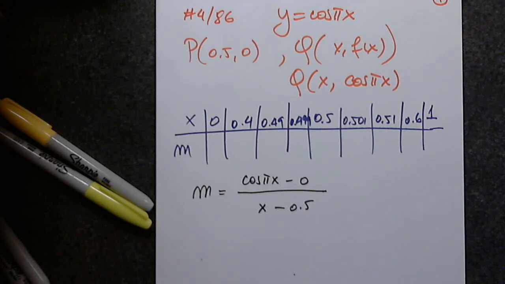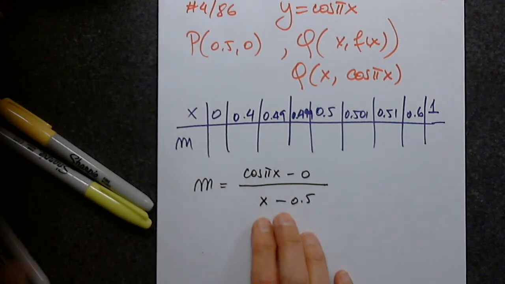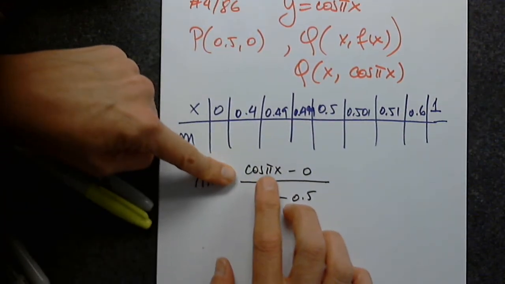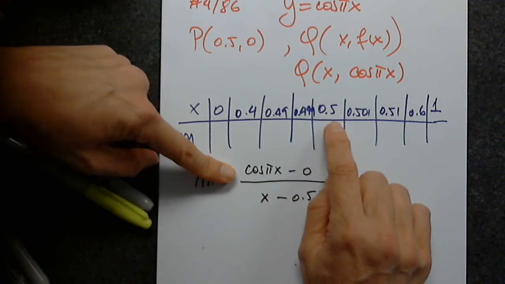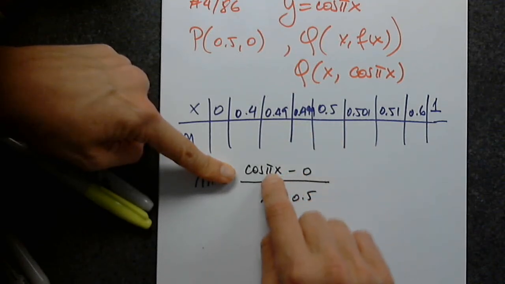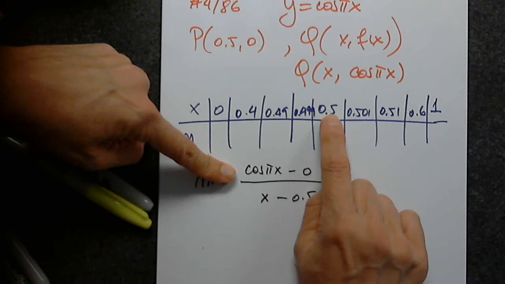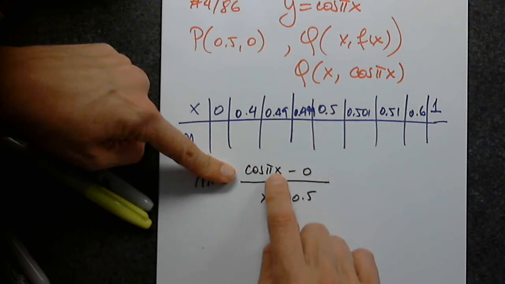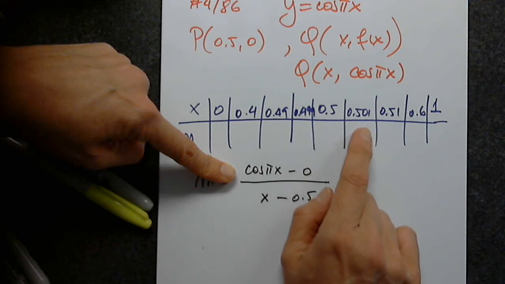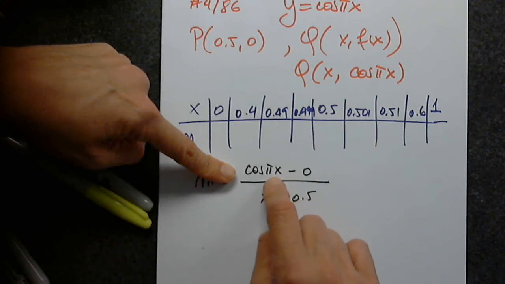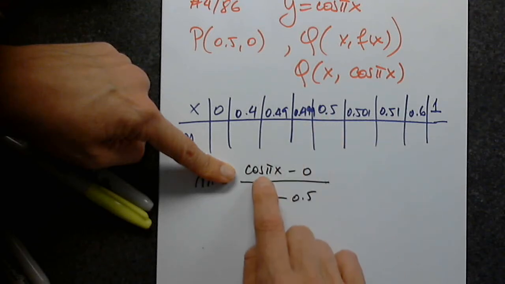So at 0.501, when you look at cosine to the left, at 0.5, this is pi divided by 2, right? So on the right-hand side of 0.5, this will be negative.